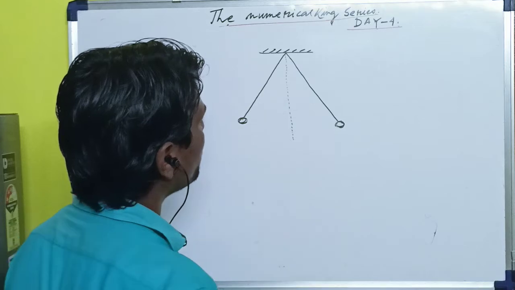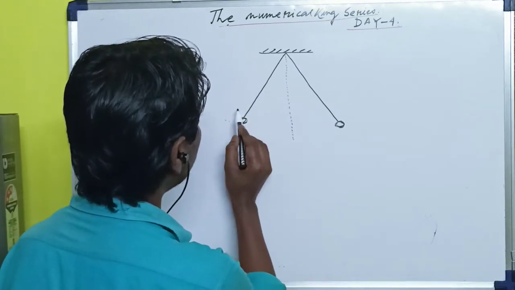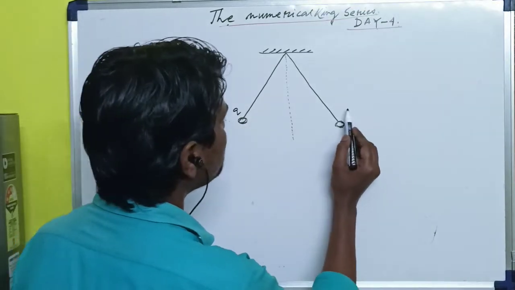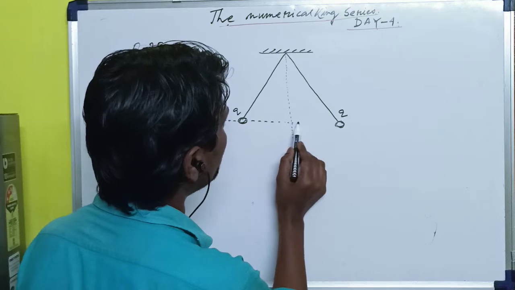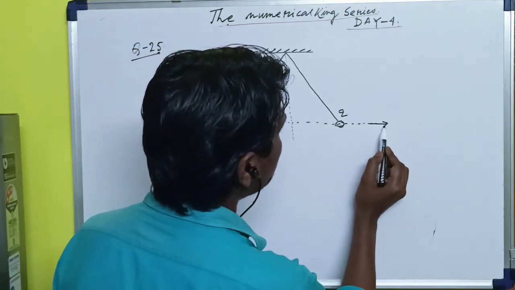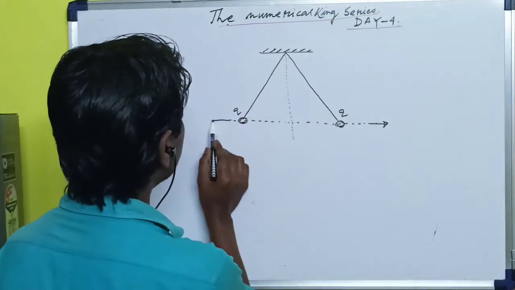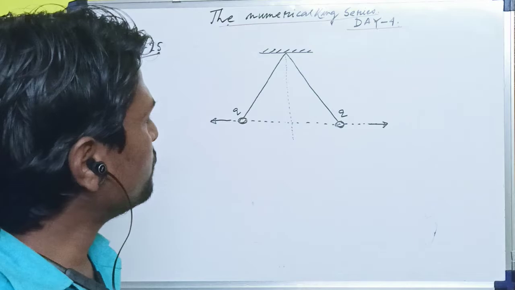Since this is a charge q and this is also charge q, this one repels this one, and this charge repels this charge along this direction.